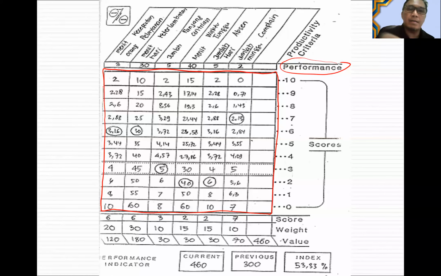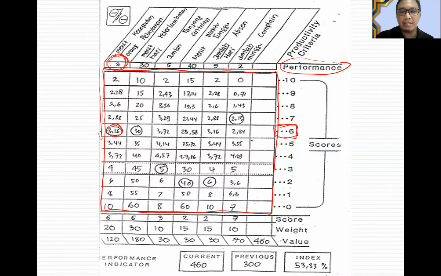So, for example, on the speed of services, the result of the measurement is 3, and we need to find out in this column what number is the closest to 3, and we find this one, 3.16, and the score is 6.